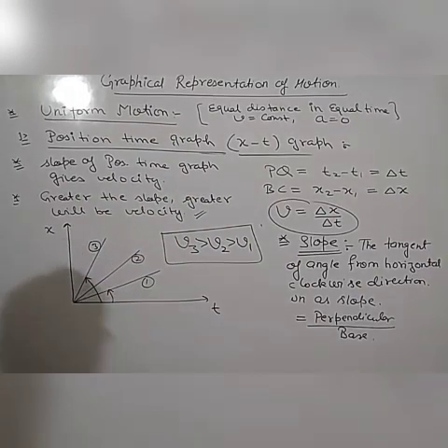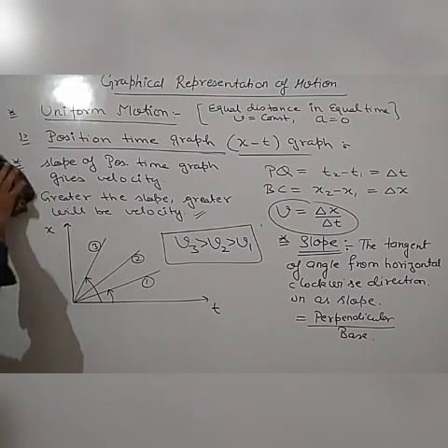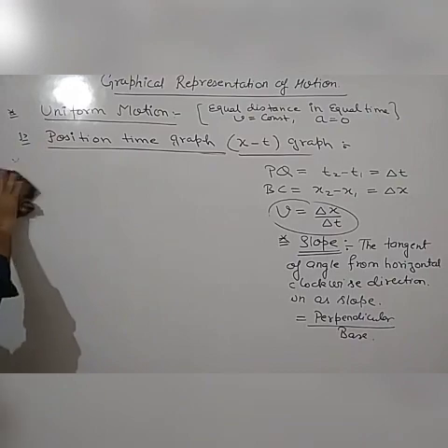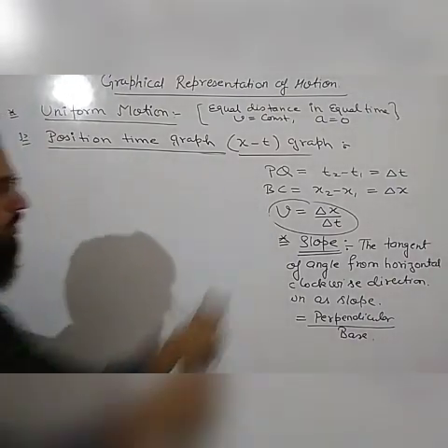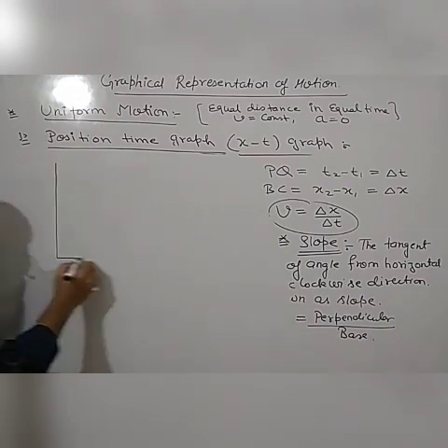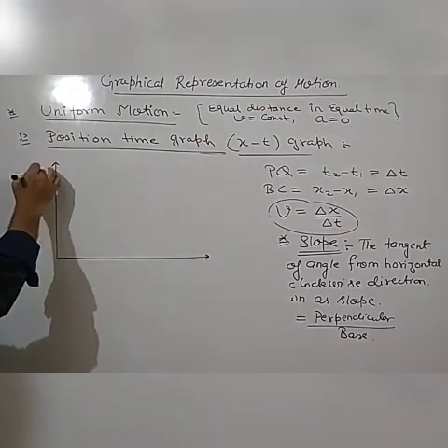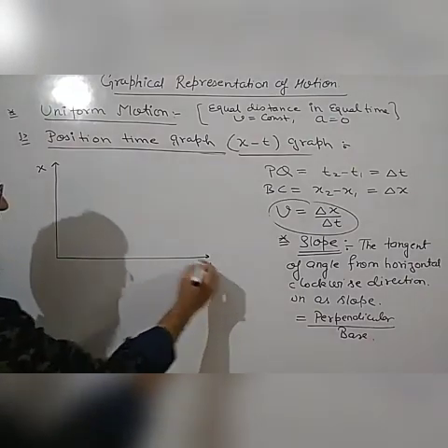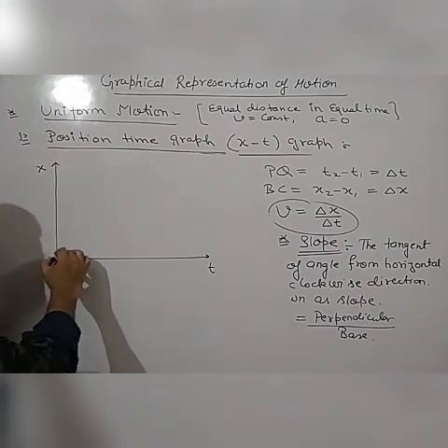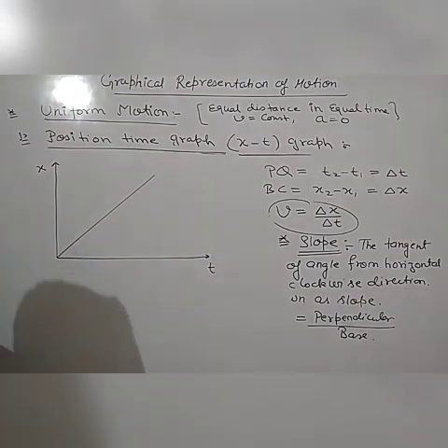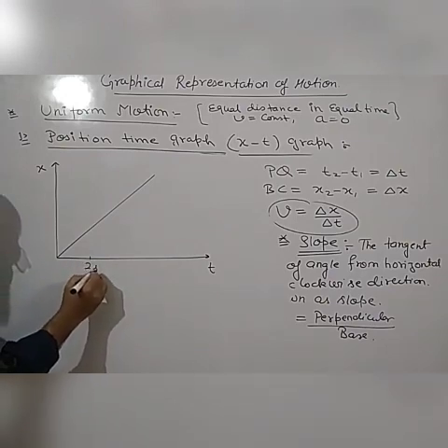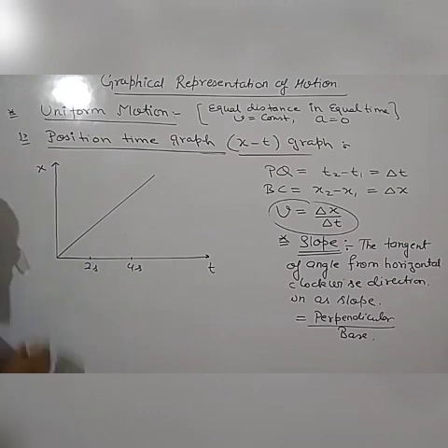Now, how will you find the velocity mathematically from position time graph? Let us discuss it also. Suppose this is a position time graph of a body performing uniform motion. You are given some time intervals. Suppose t is equal to 2 seconds, then t is equal to 4 seconds.